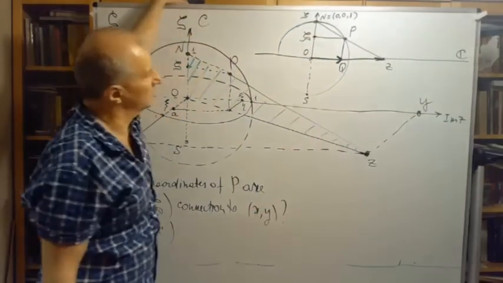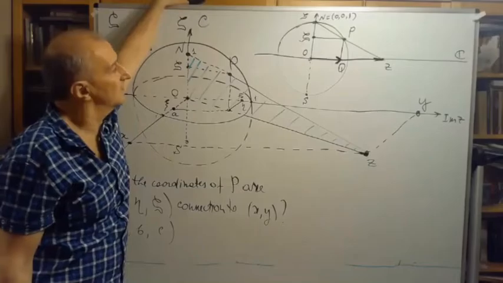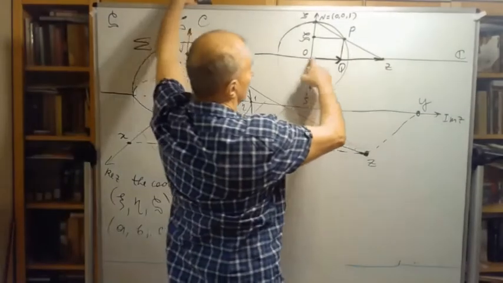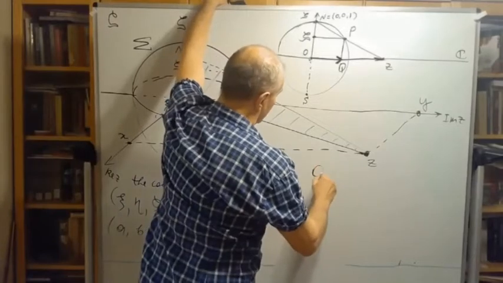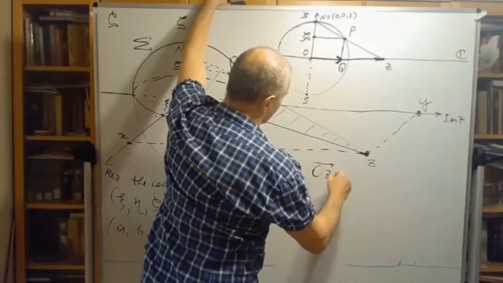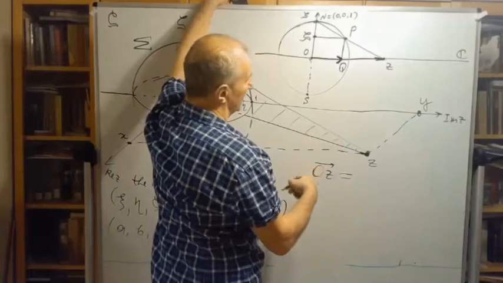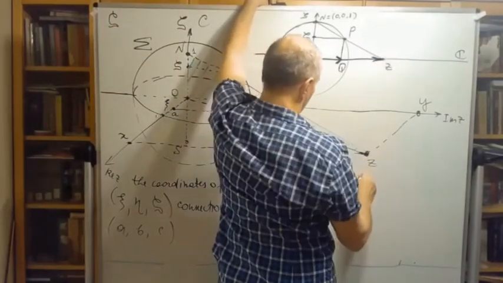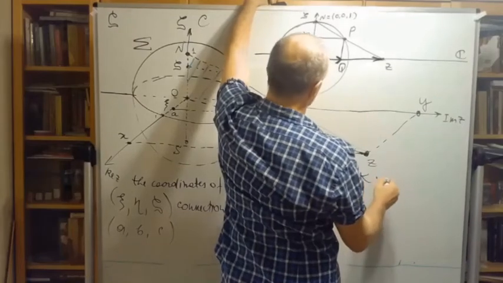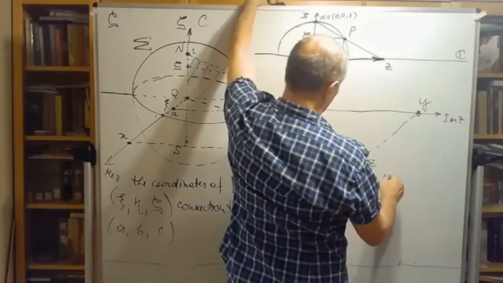I will give the name zeta for it. So vectors OZ and OQ are collinear. So OZ, I will write it like this. I could just write number Z, but it will not be so explicit. Yes, OZ is equal some coefficient multiplied by OQ.